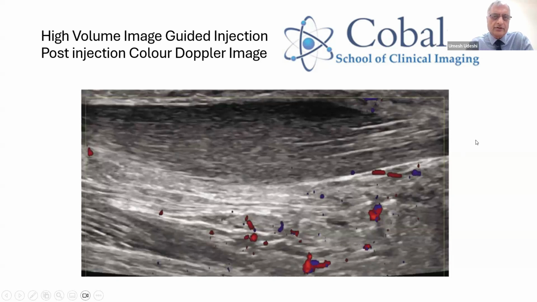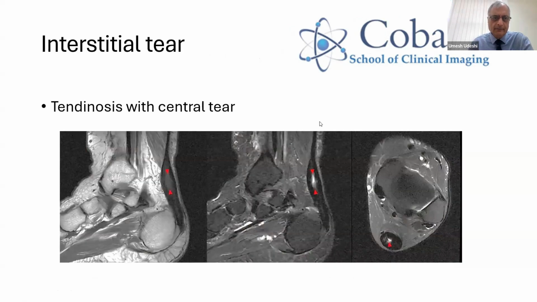So certainly short and medium-term results seem good. Patients seem to improve their symptoms. And you do this as a minimally invasive procedure when clinical conservative treatment is not helping, is not working.